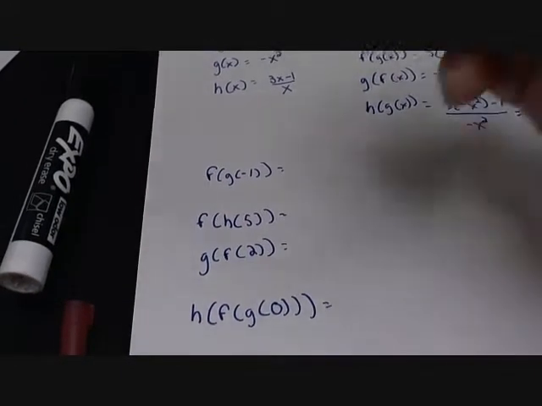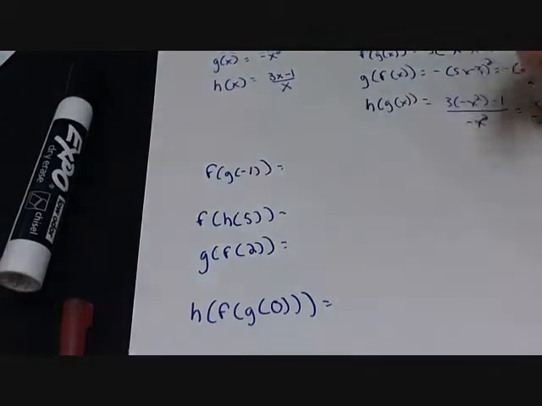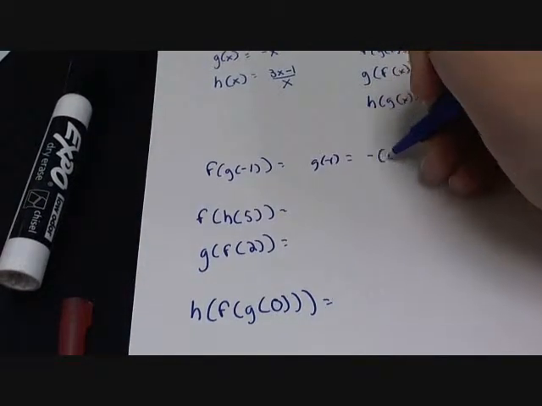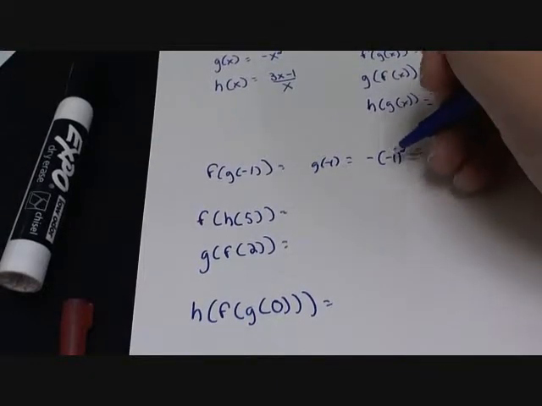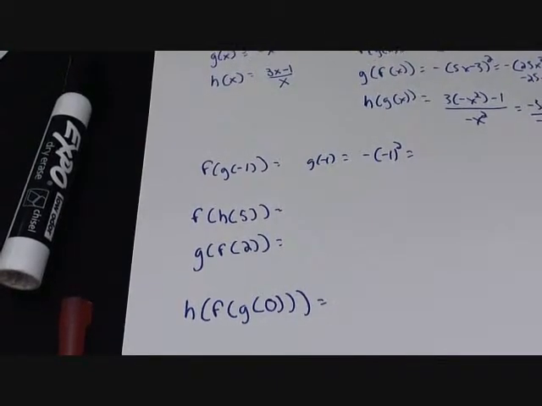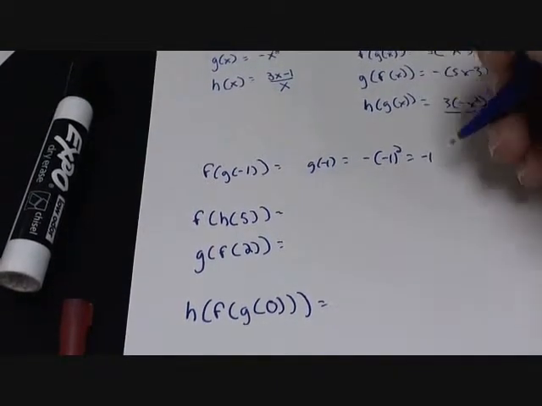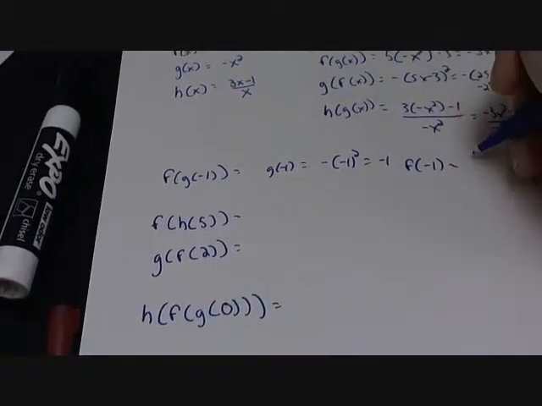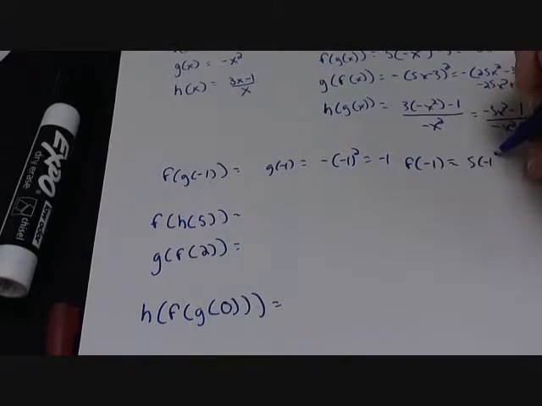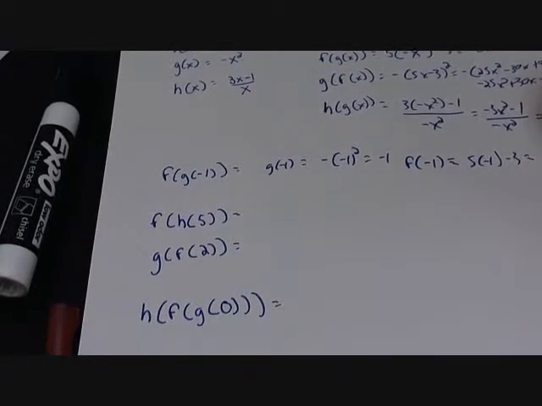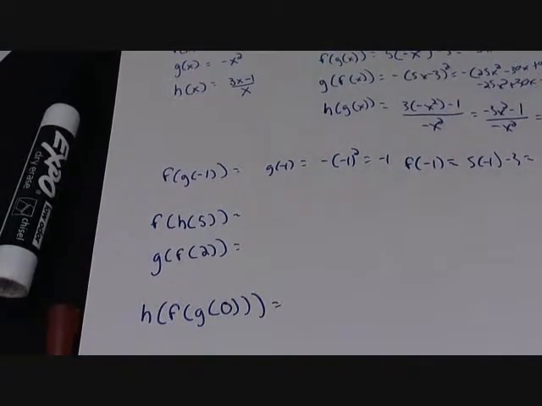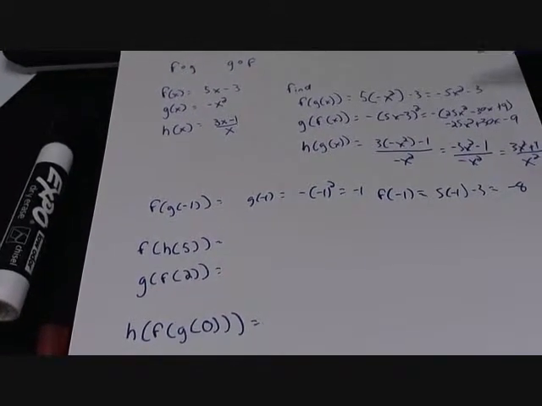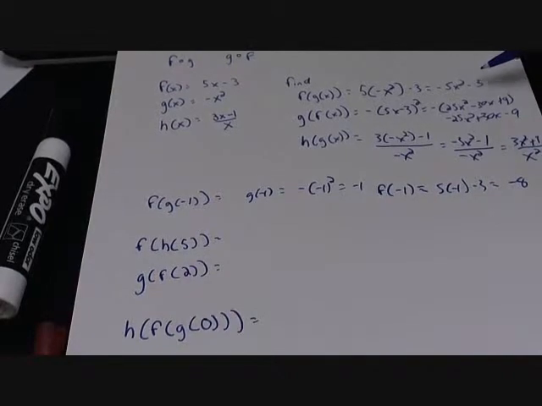So first we do g of negative 1, which is equal to negative times negative 1 squared. Negative 1 squared is 1, times the negative is negative 1. So now we're going to find f of negative 1. It'll be 5 times negative 1 minus 3, which gives you negative 8.